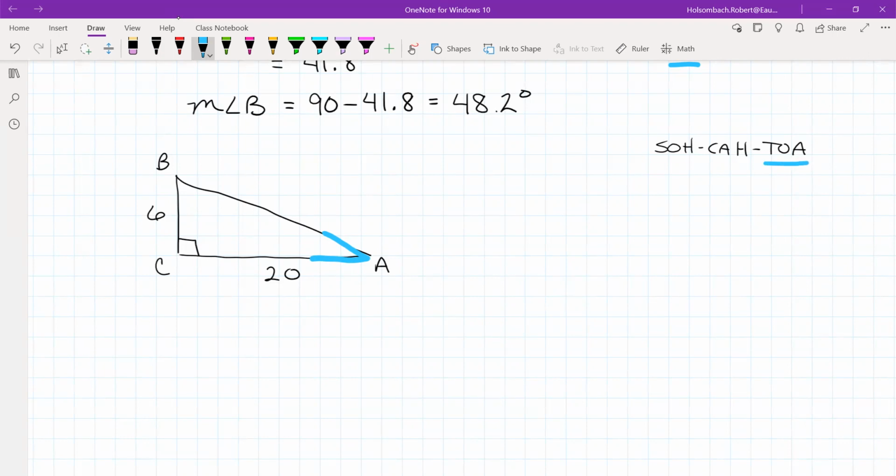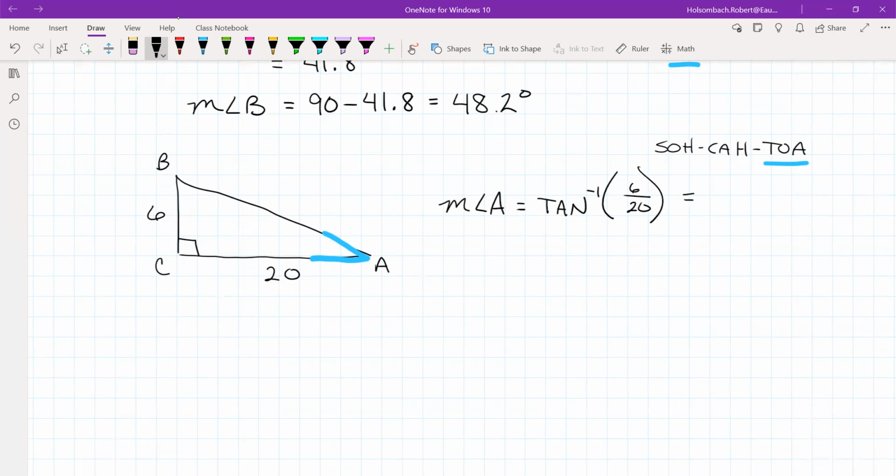There's opposite and adjacent. Tangent. So we're going to say the measure of angle A is equal to the inverse tangent of our opposite side over our adjacent side.